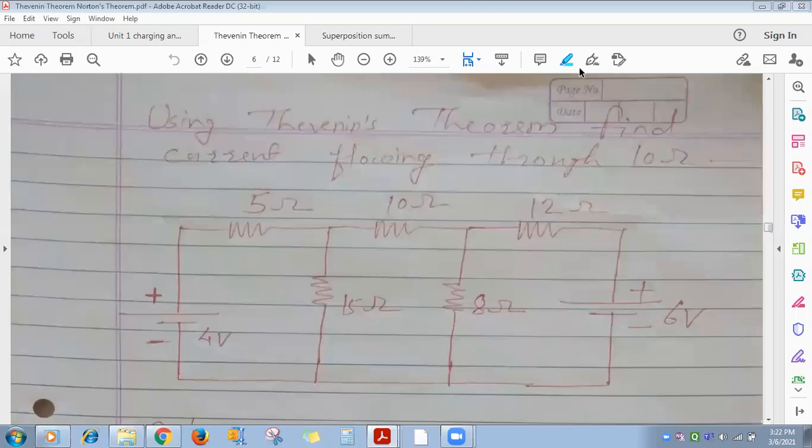Okay. First you have to draw. Don't use a scale. Now see here, using Thevenin's theorem, you have to find out the current flowing through this 10 ohm resistance. Means what is the value of load resistance?